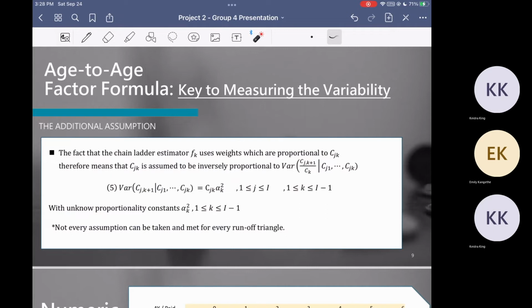So the variance is CJK alpha squared K, where J is between 1 and matured I, and K is between 1 and matured I minus 1, with unknown proportionality constants alpha squared K. Again, not every assumption can be met for every runoff triangle.